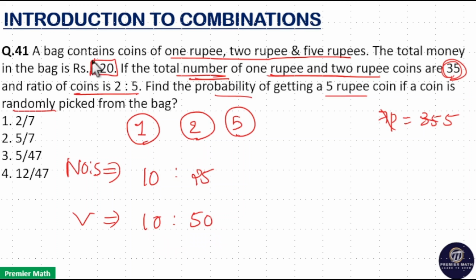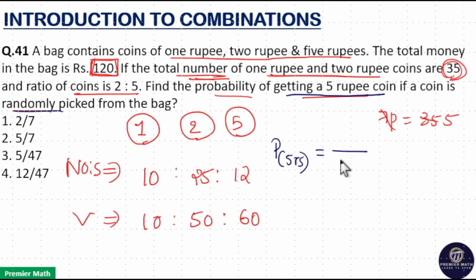But there is a total of 120 rupees in the bag. So the remaining 60 rupees is the value of 5 rupee coins. So the value of 5 rupee coins is equal to 60, meaning the total number of 5 rupee coins is 60 by 5, 12. Now you are picking a coin randomly from the bag. So the probability of getting a 5 rupee coin is equal to, there are a total of 47 coins in the bag.